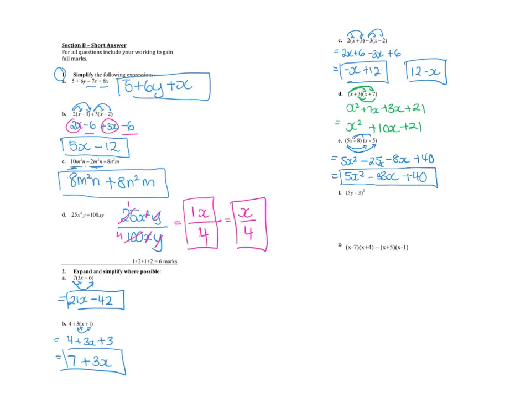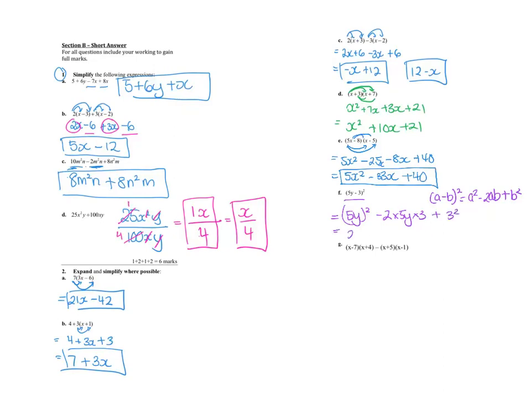All right, now we've got here, we want to expand this, but this is one of our patterns. So when we saw a minus b squared, we saw that it went to a squared minus 2ab plus b squared. So if I expand that one, it'll be the first term squared minus 2 times the terms inside plus 3 squared.